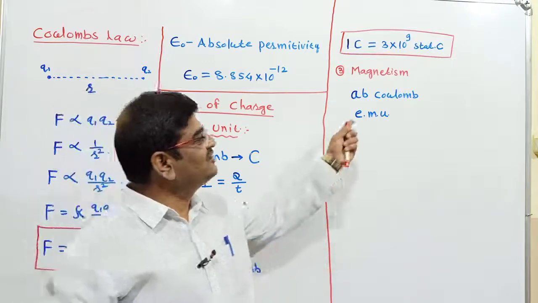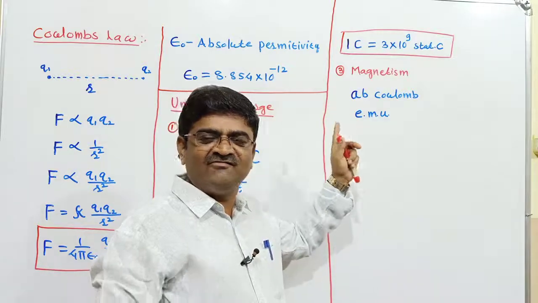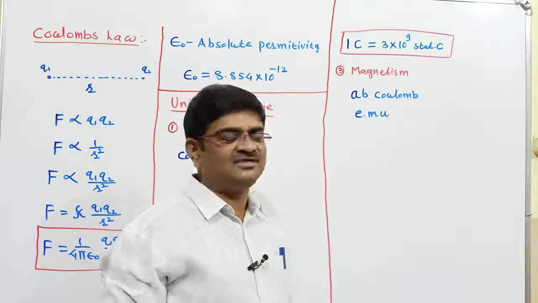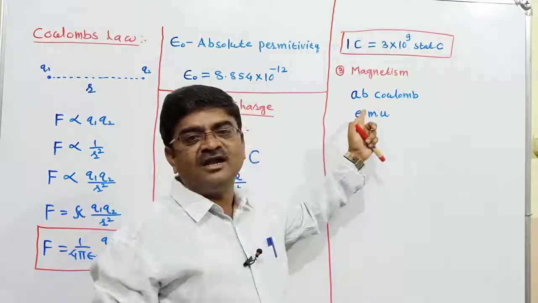So the unit of electric charge in magnetism, and of course we shall discuss that later, we mention as ab coulomb or electromagnetic unit.